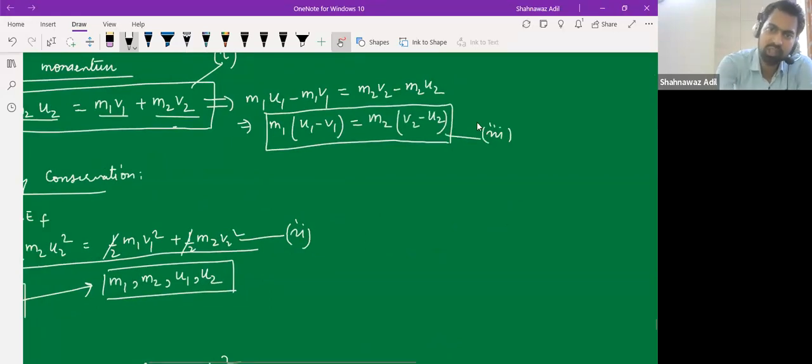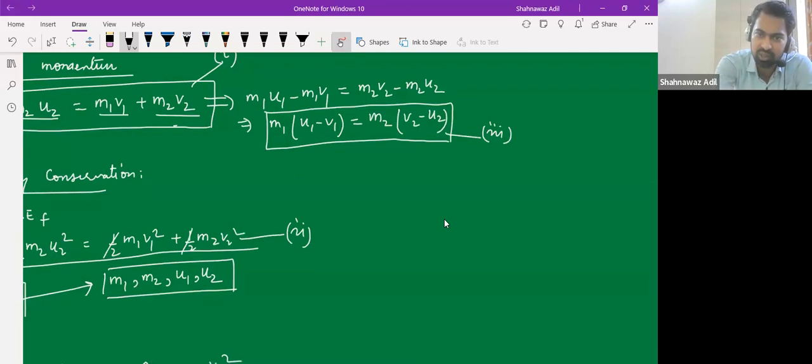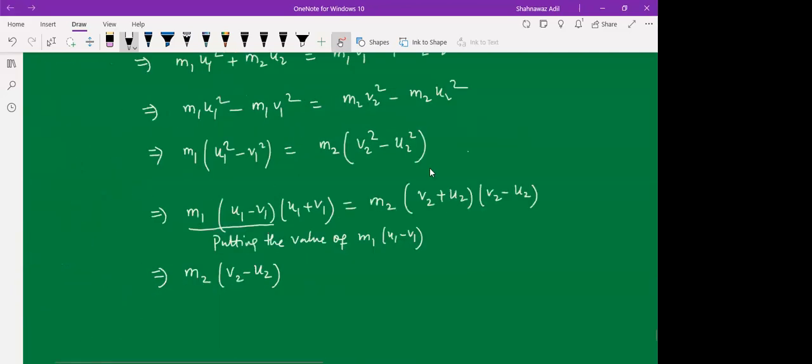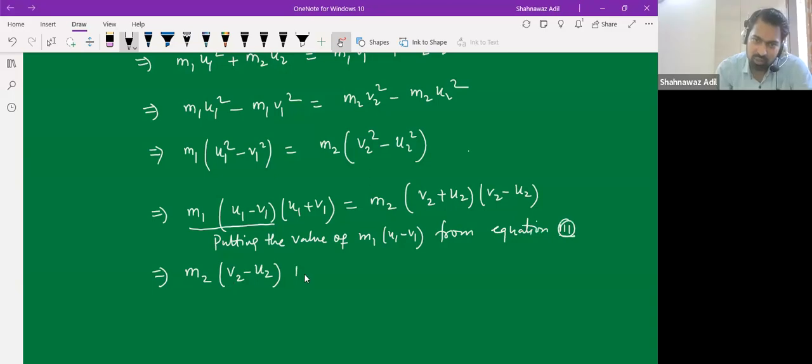And putting the value from equation third, this is m2 and then u1 plus v1 equal to m2 times v2 plus u2 and v2 minus u2.